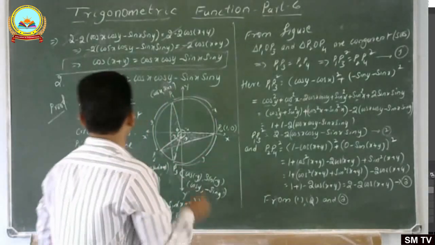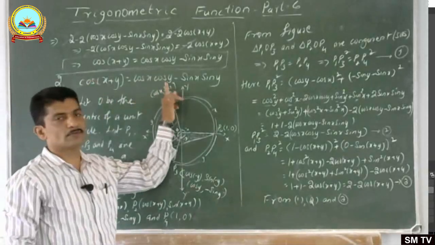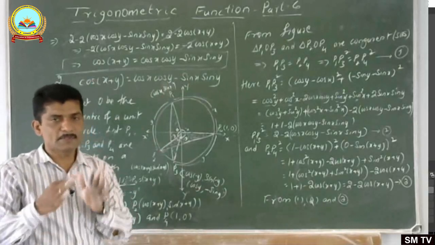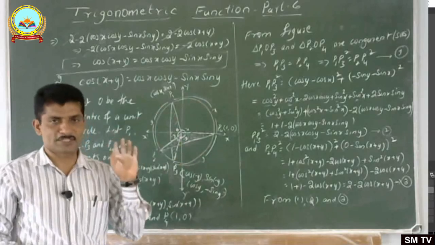Cos of x plus y is equal to cos x into cos y minus sin x into sin y with the help of unit circle. First, take the unit circle with the center at origin.